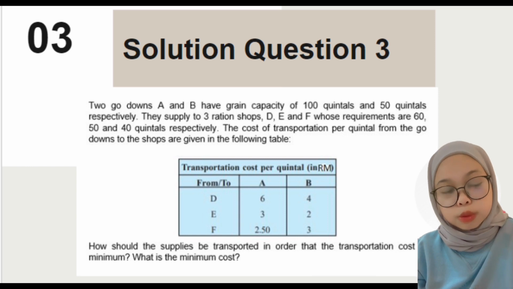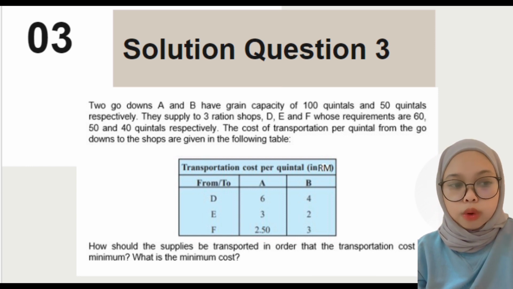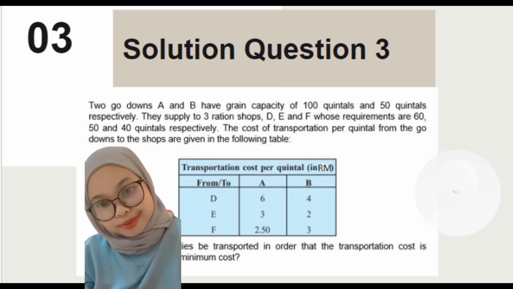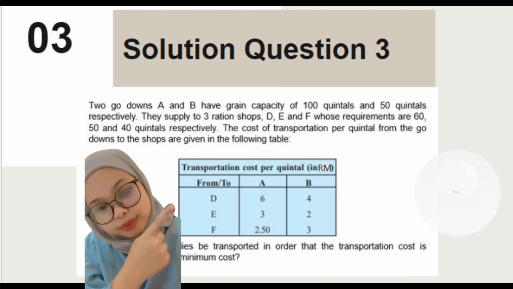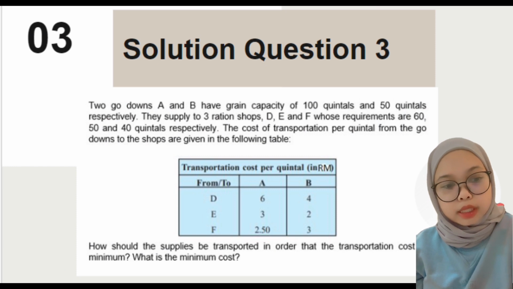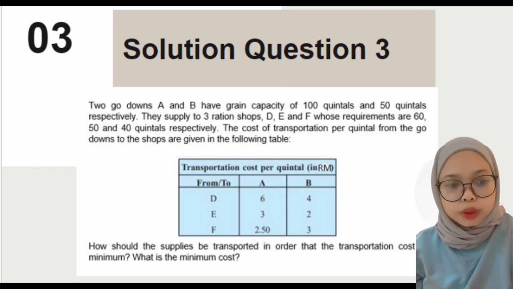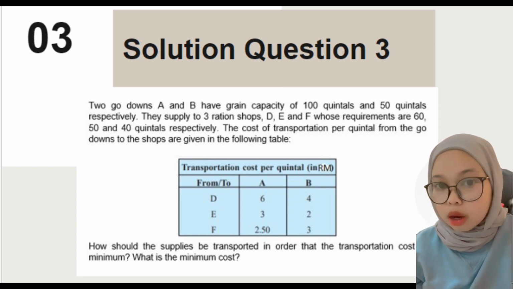The cost of transportation per quintal from the godown to the shop is given in the following table. Based on the table, how should the supply be transported so that the transportation cost is minimum? What is the minimum cost?